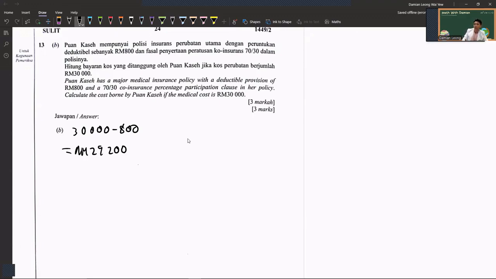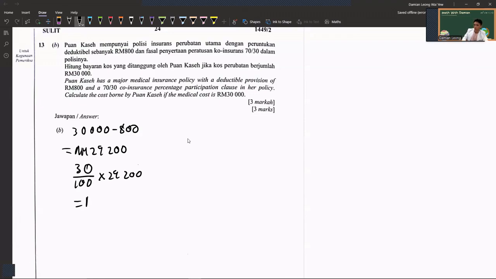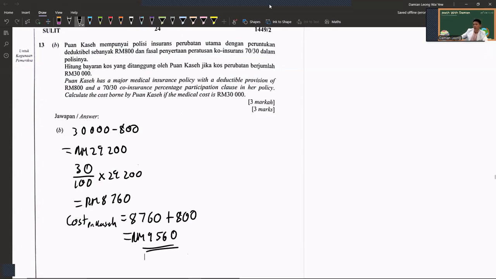Then we split 70-30, means Puan Kasih will get 30%. 30% of 29,200 is RM8,760, means the cost by Puan Kasih will be the 8,760 plus the deductible 800. So it's 9,560 ringgit. Yeah, that's it.